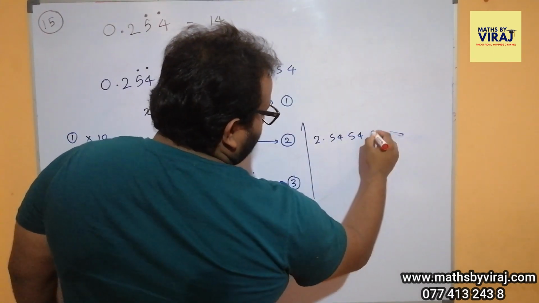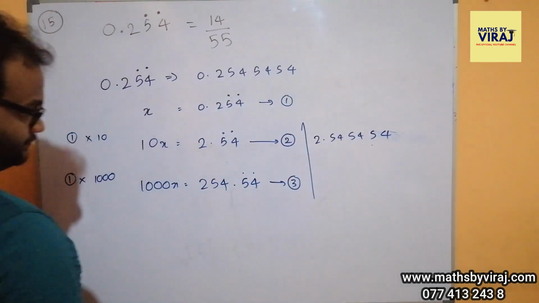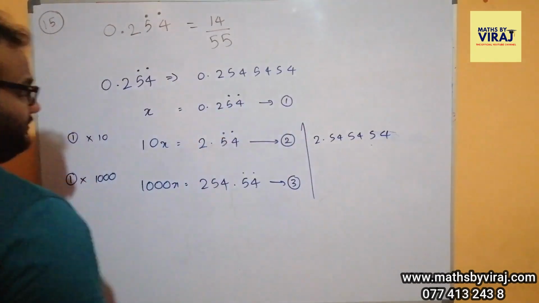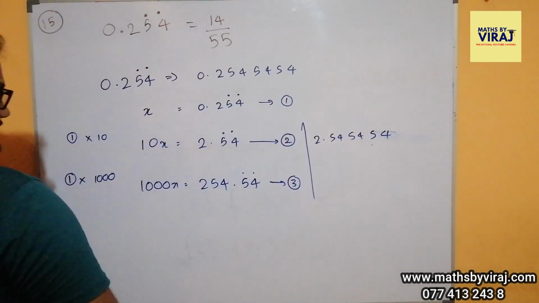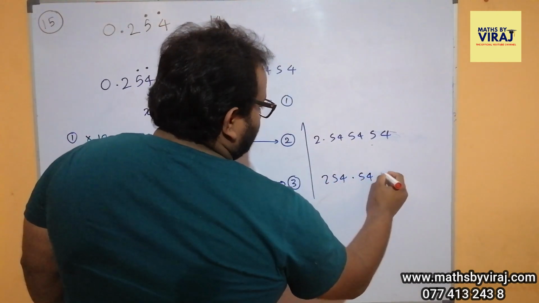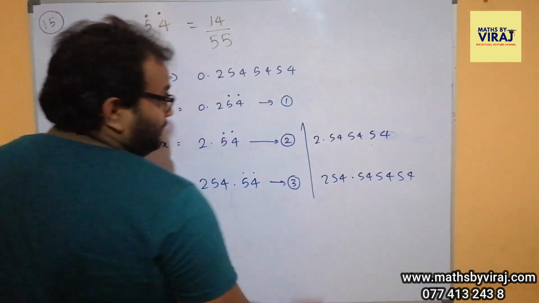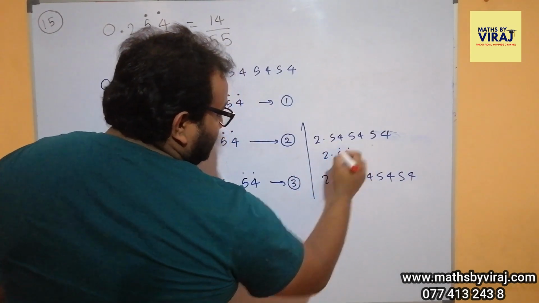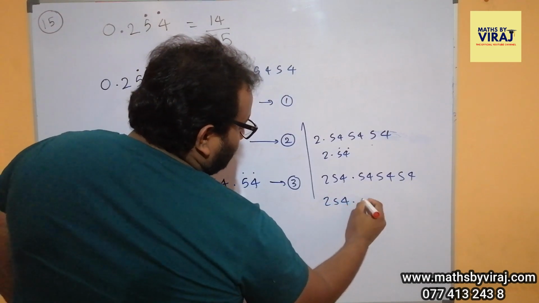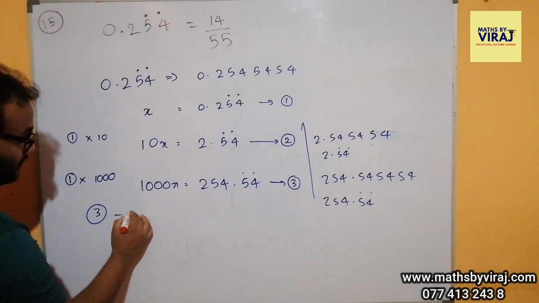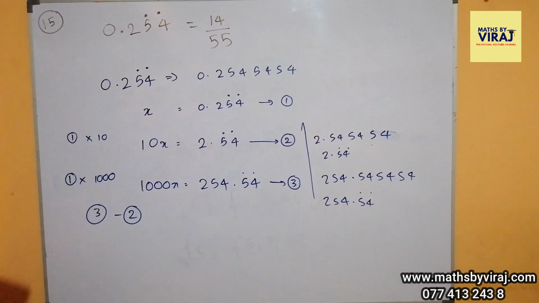Now when I multiply the whole of equation 1 by 1000, I get 254.545454, which can be written as 254.54 recurring. Now I am going to subtract equation number 2 from equation number 3.